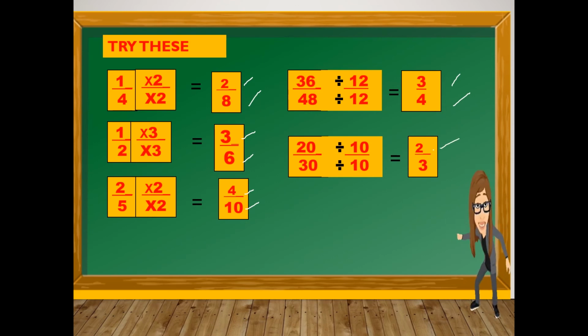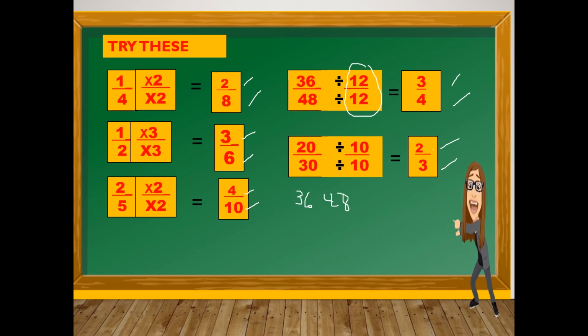How did we get this 12? We just get the GCF. So 36 and 48. The GCF, we use the ladder method, 6. 36 divided by 6 is 6, and 48 divided by 6 is 8.